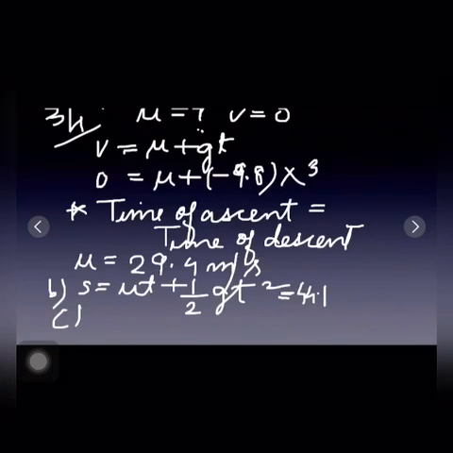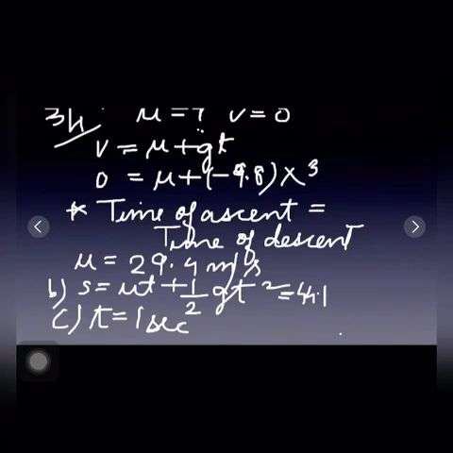Now see the C part, its position after 4 seconds. So here you have to calculate the position, again the distance after 4 seconds. You have to apply the same formula, S is equal to UT plus half GT square. But here you have to take the value of T as 1 second.